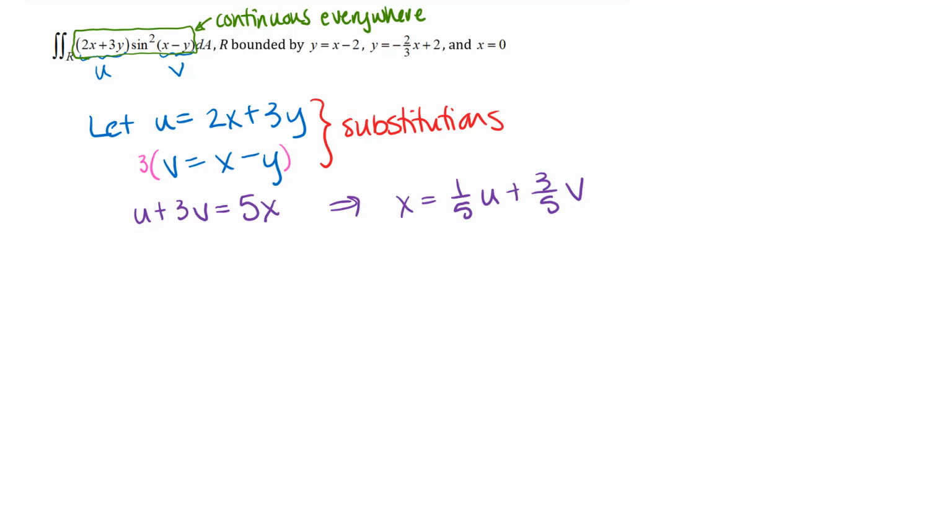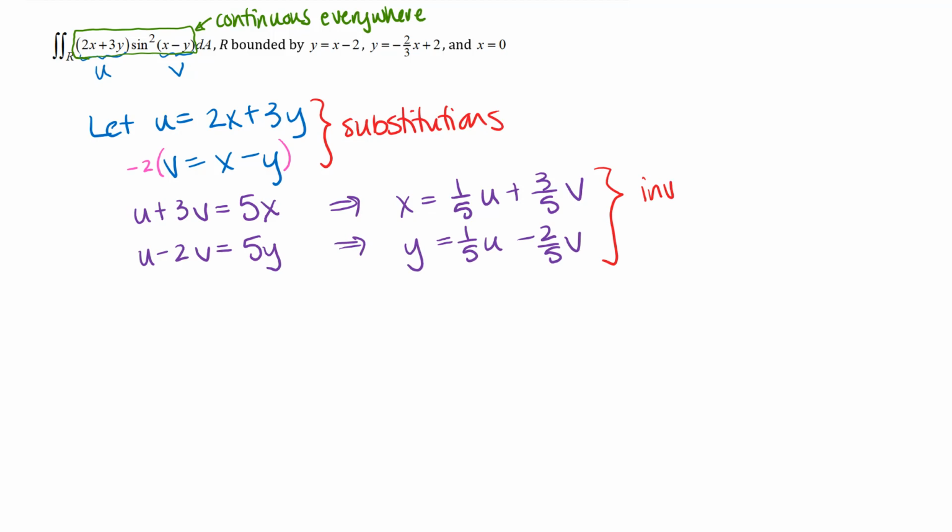I now need to eliminate x so that I get an equation for y in terms of u and v. So I'm going to multiply my second equation through by -2 and add that to the first equation. We will get u minus 2v equals 5y. So those are my inverse substitutions. I will need to use those for those next three bullet points.